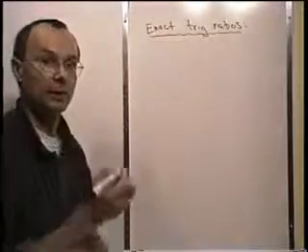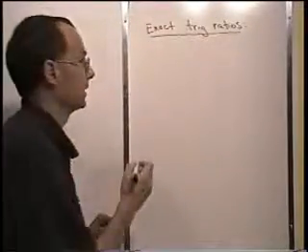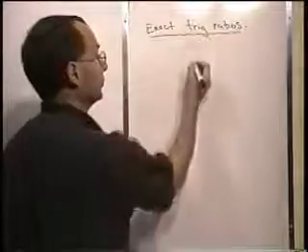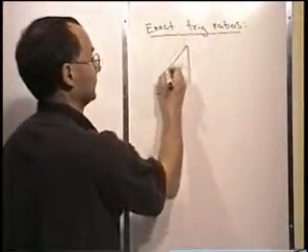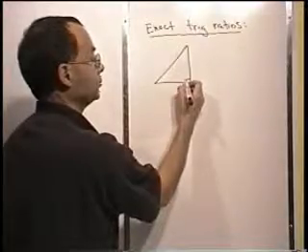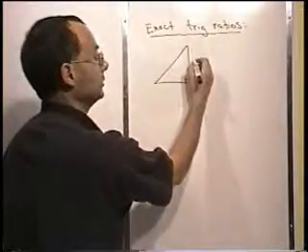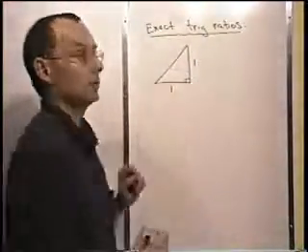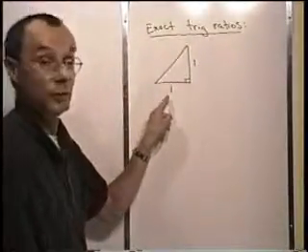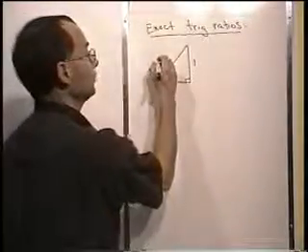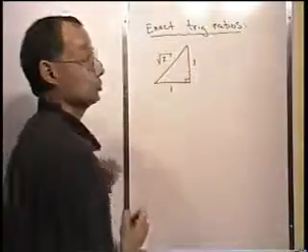And we get those from two special triangles. The first triangle is very simple. And it looks like this. It is a right triangle, and we make the legs of the right triangle, we give them a length of 1. Using Pythagoras' theorem, we find the hypotenuse would then be root 2.